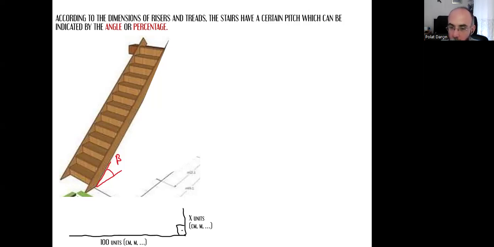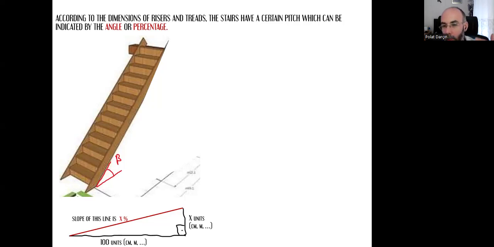So if you imagined 100 centimeters, then this will be X centimeters. And we need to connect these 2 points: the first point of the horizontal line and the last point of the vertical, perpendicular line. That inclined line will give us the slope. So the slope of this line is X%. We can easily say that.